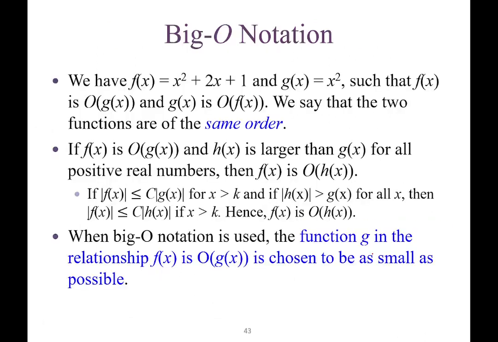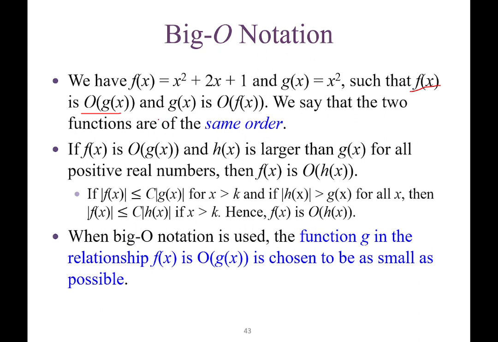So in this case, we can see f of x, by the previous example, is x squared plus 2x plus 1, and g of x is x squared. Then we showed that f of x is big O of g of x.